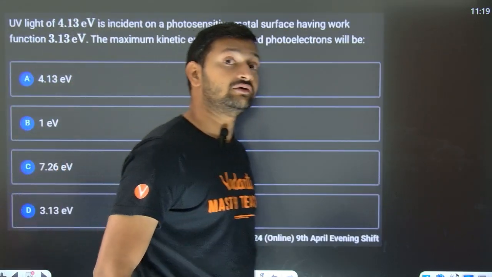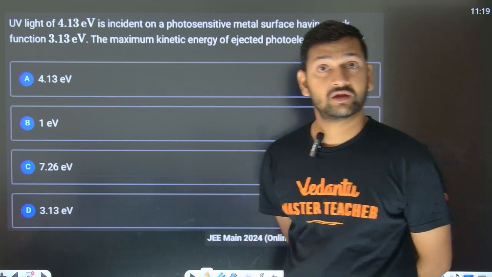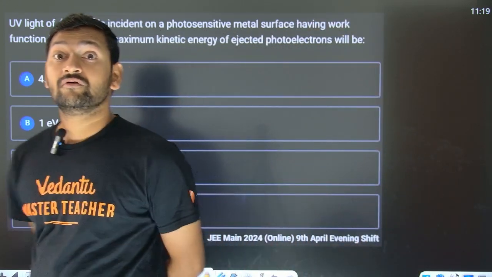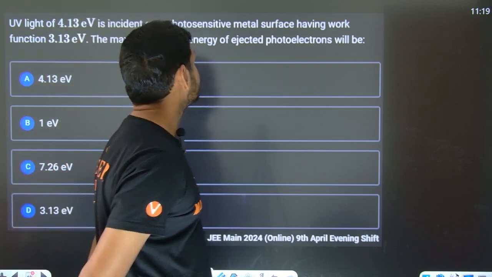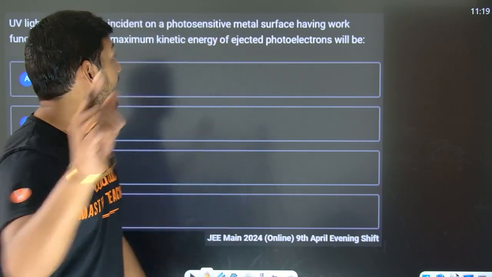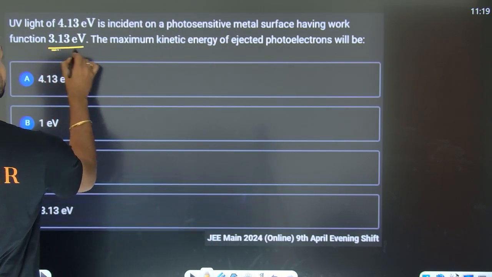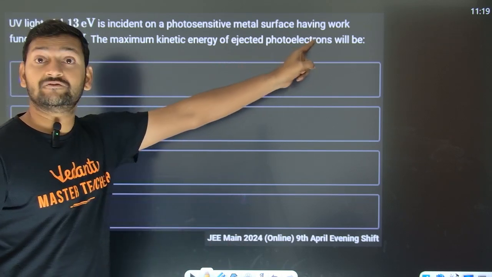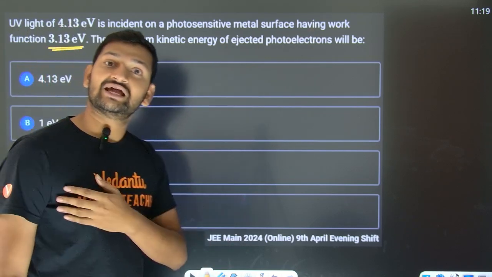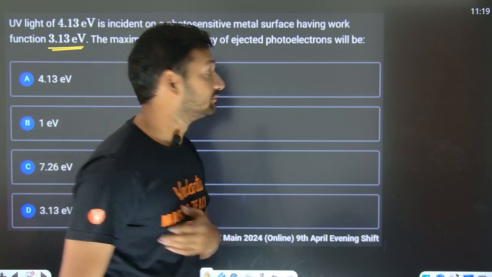Now we are moving into the photoelectric effect. UV light of 4.13 electron volt is incident on a photosensitive metal surface having work function 3.13 electron volt. What is the maximum kinetic energy of the ejected photoelectrons? So what's the Einstein equation for the photoelectric effect?